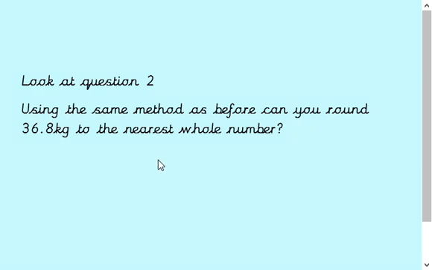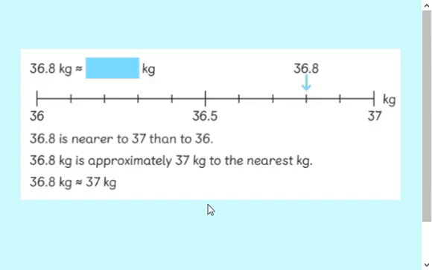Question 2. Using the same method as before, could you round 36.8 to the nearest whole number? Well, here again, we need to know which number 36.8 comes in between.